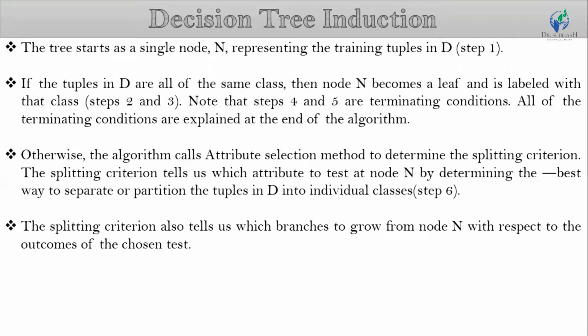The splitting criteria is determined so that ideally the resulting partitioning at each branch is as pure as possible. A partition is pure if all the tuples in it belong to the same class. In other words, if we were to split up the tuples in D according to the mutually exclusive outcomes of the splitting criteria, we hope for the resulting partitioning to be as pure as possible.